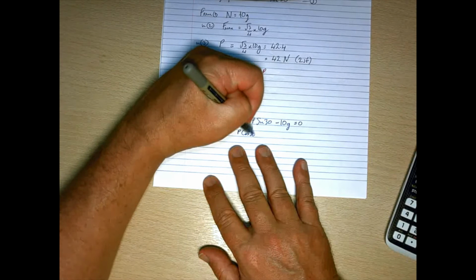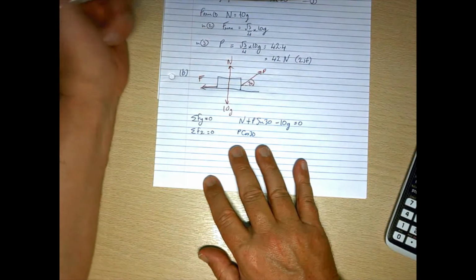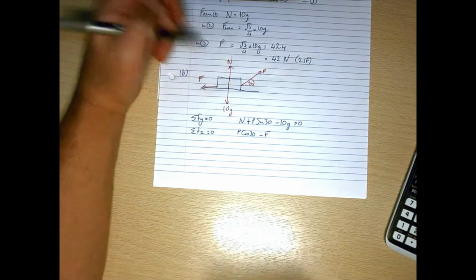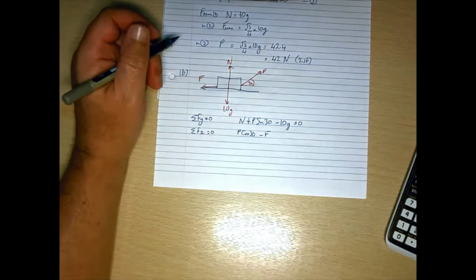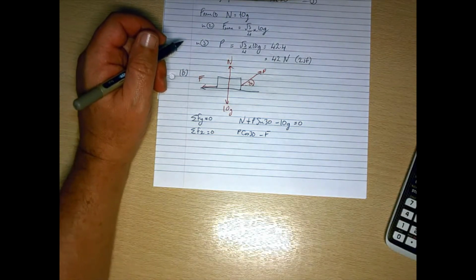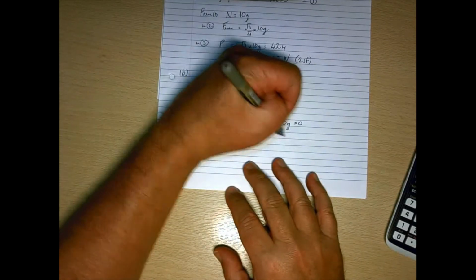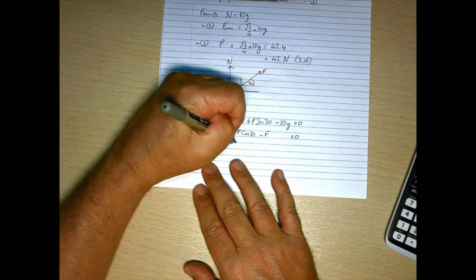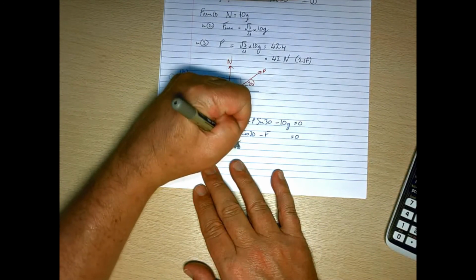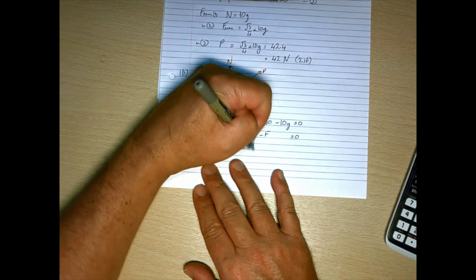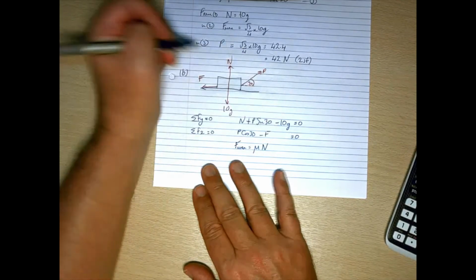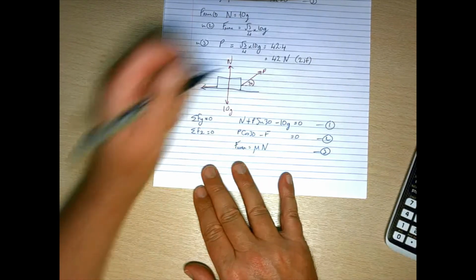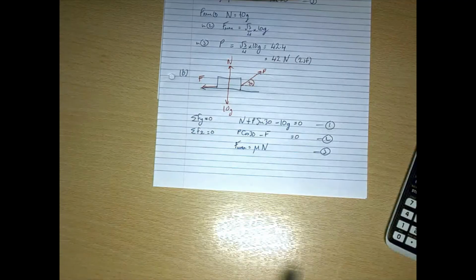P cos 30 is the horizontal component there, minus F, no other horizontal components, so that equals 0. And F max equals mu N.